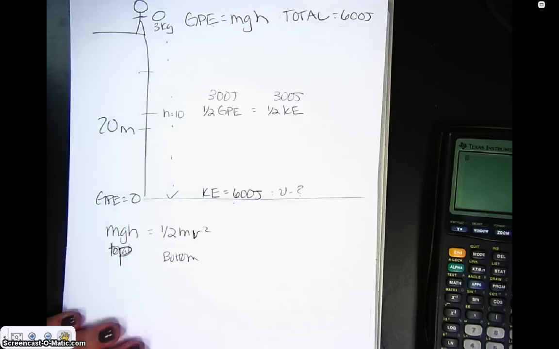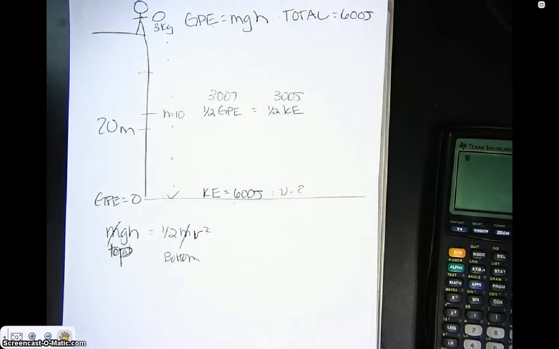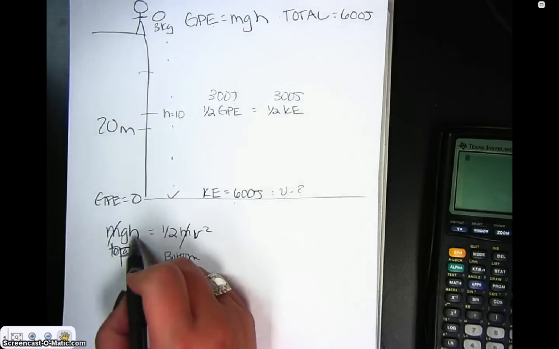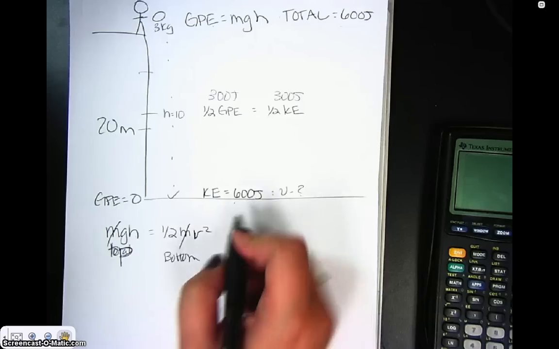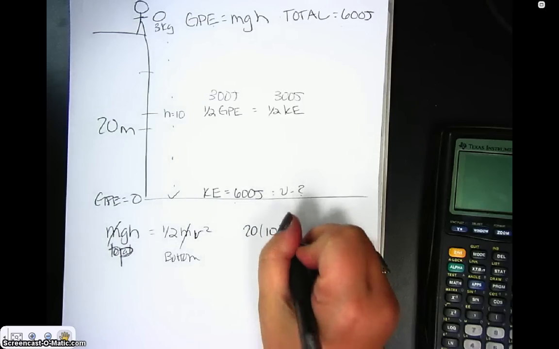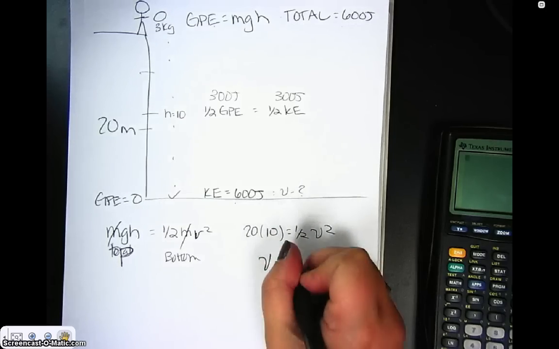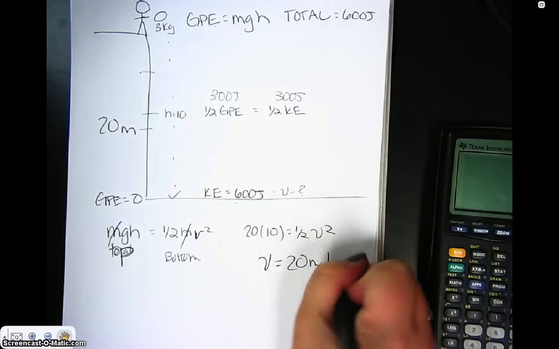Because one form has completely become the other. So in this case, you can see that mass actually cancels out. We don't even need mass in order to solve this problem. So I would have g times h, so 20 times 10, equals 1/2 v squared, so that'd be 400, square root of 400 is 20, so 20 meters per second.